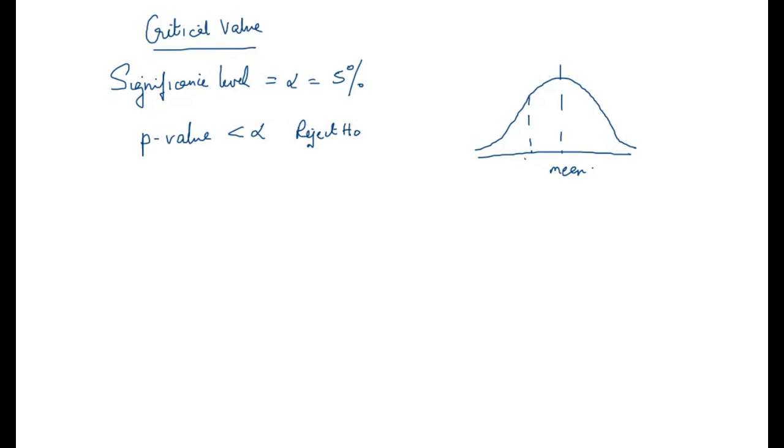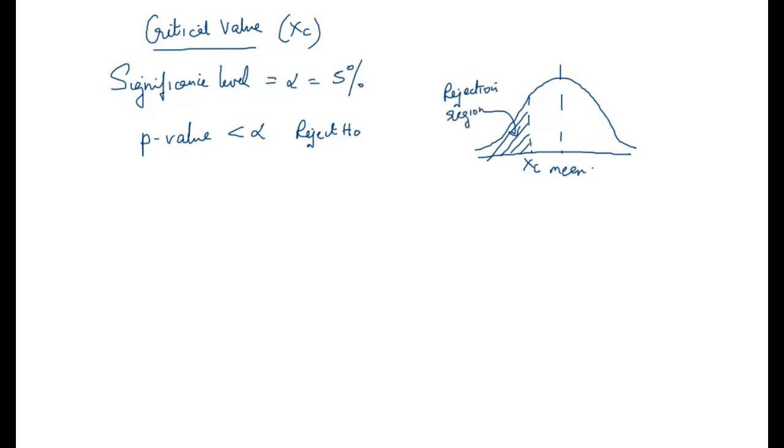this line here represents the critical value, and this area here represents the rejection region. So if your p-value lies within the rejection region, then you reject the null hypothesis.